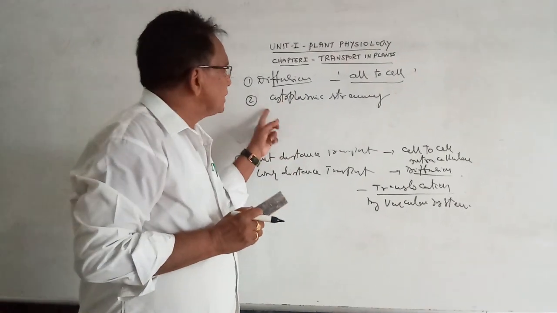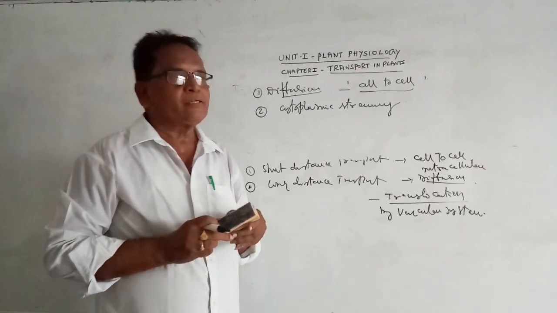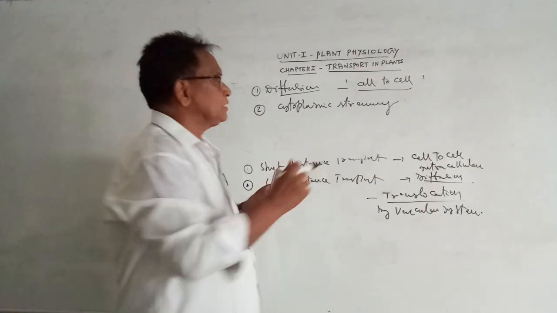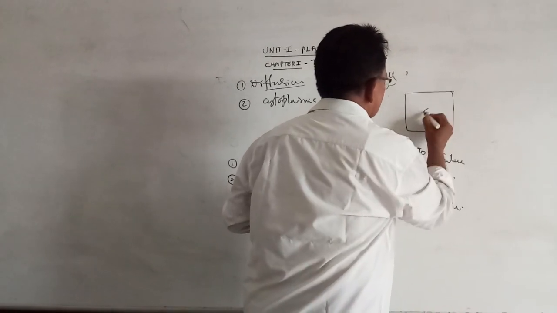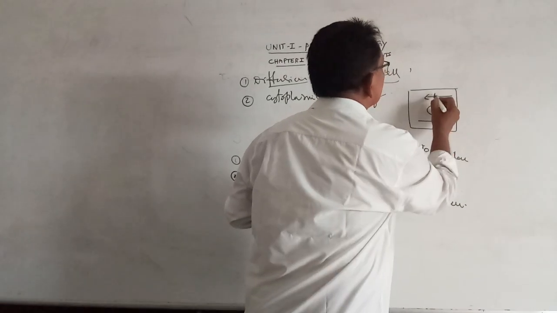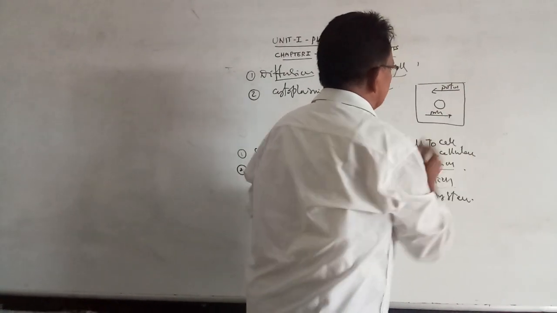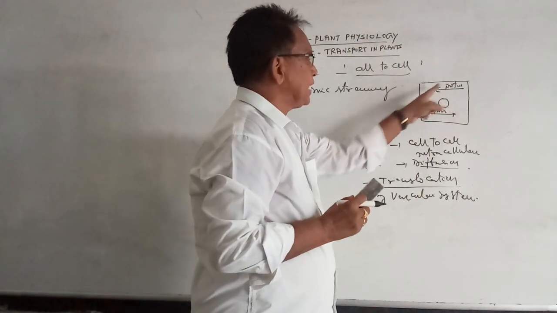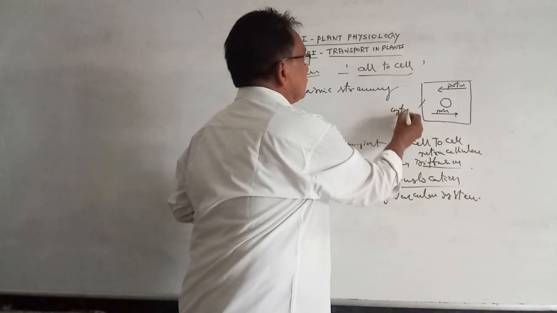Another thing is cytoplasmic streaming, that is the movement of materials from one part of the cell to another. Suppose this is the cell, and this is the nucleus. If proteins are to be transported within the cell, this is normally carried on with the help of cytoplasm.